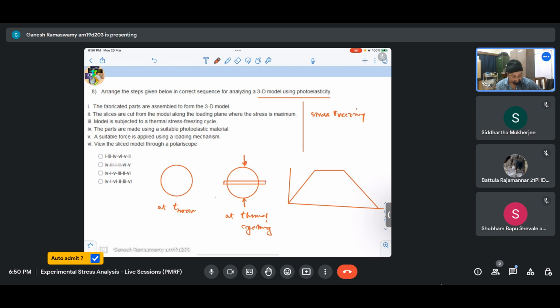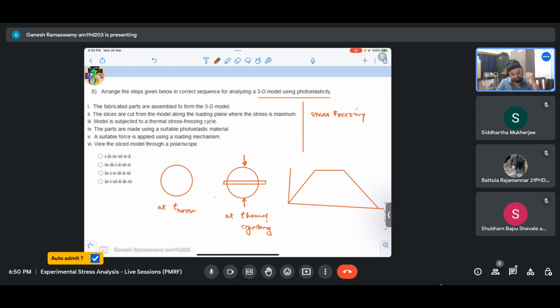This slice we will cut out and place in a polariscope, and we will be able to see in that plane how sigma 1 and sigma 2 are interacting. While slicing we have to be very careful so as to not introduce any machining stresses into the model, because that could bring in spurious fringes which could throw your result off.